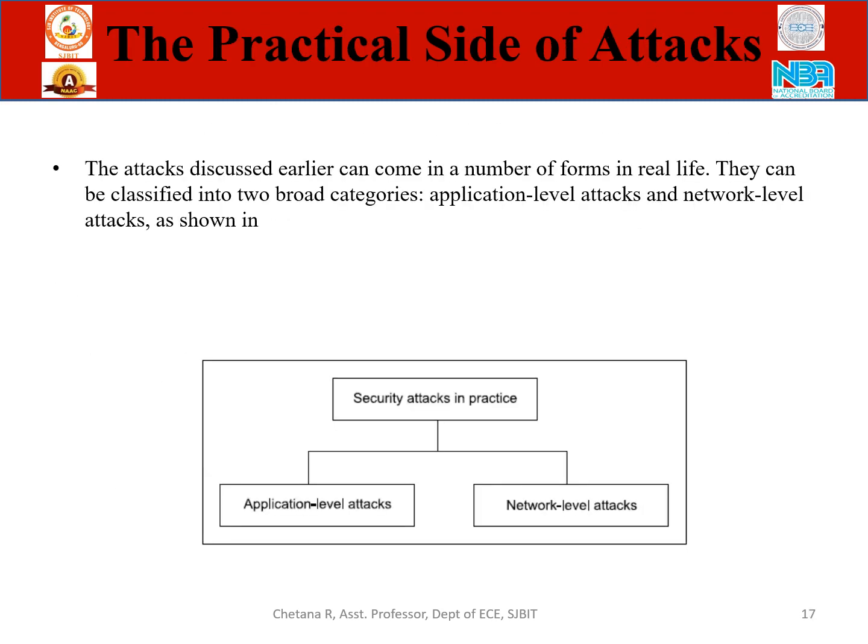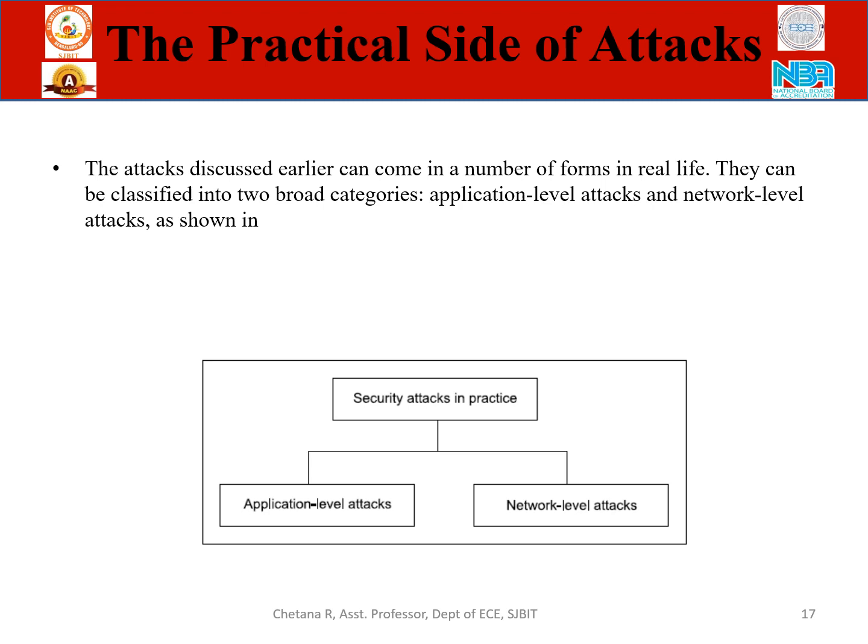Now this is the practical side of attacks. The attacks discussed earlier can come in a number of forms in real life. Definitely, in day-to-day life, this attack is possible. They can be classified into two broad categories: application level and network level. We simply discussed the different types of active and passive attacks.